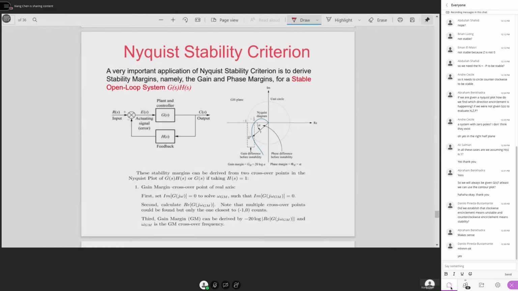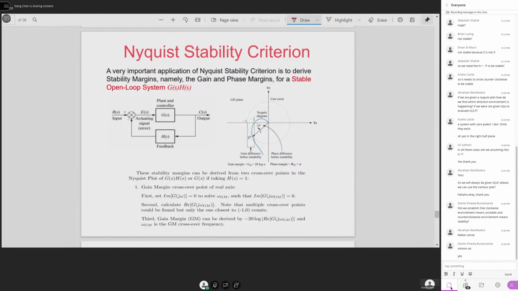That is a very nice application. The margin means how far your system is from instability. Not only could the system be stable, but also how far it is from the unstable boundary. That would be nice, because that will give you a margin to play with.